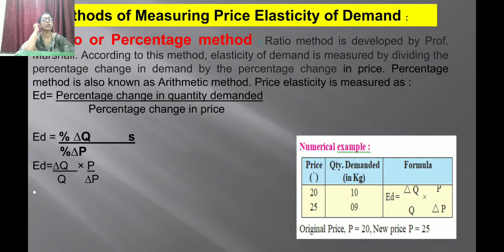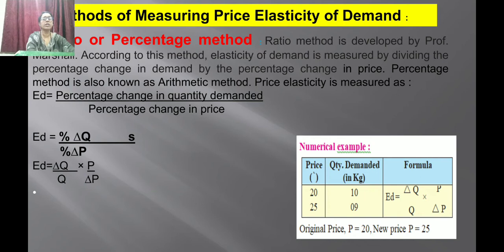Now after that the second price you can see is 25. What is the new price? It is 25. According to the new price, what is the quantity demanded? It is 9. Got it? Now, in the schedule the formula given is change in Q upon Q into P upon change in P. Q is the quantity demanded, P is the price. What is the original price?